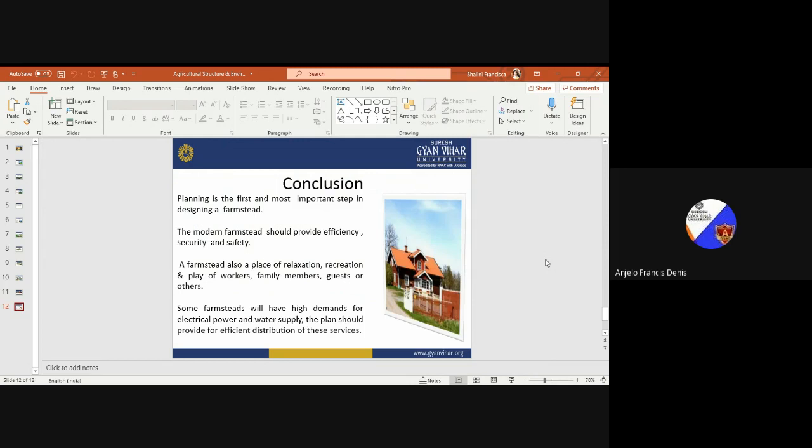So a farmstead is not only a place for agricultural activities, but also a place for relaxation, recreation, play, for family members, guests, and other activities.